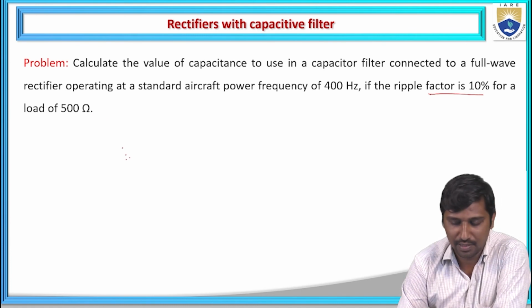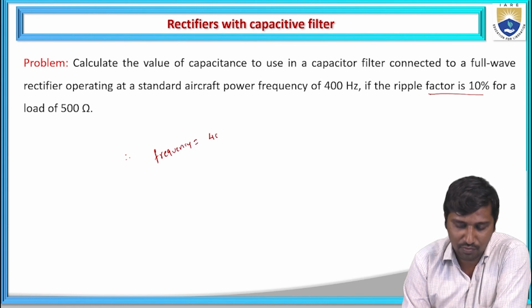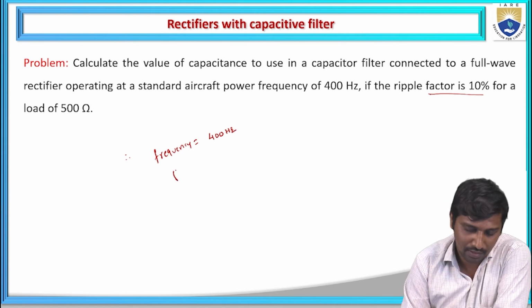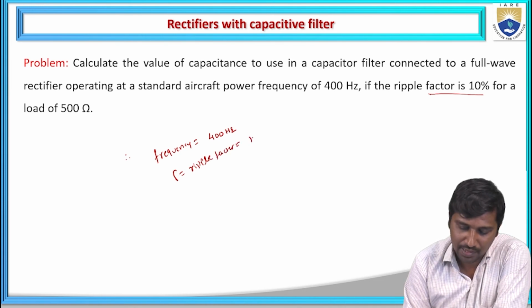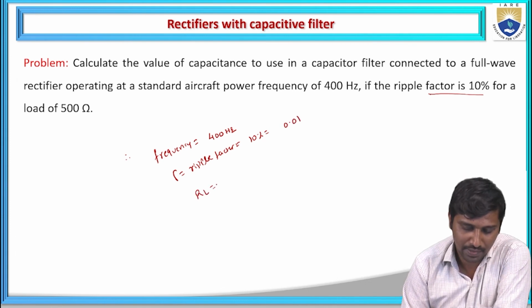Hence, the given data: the frequency is 400 Hz, and the ripple factor is 10%, which means 0.1. The load resistance RL is 500 ohms.